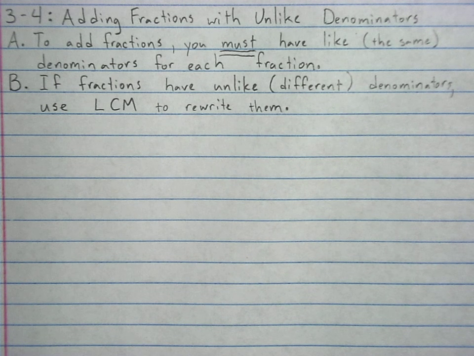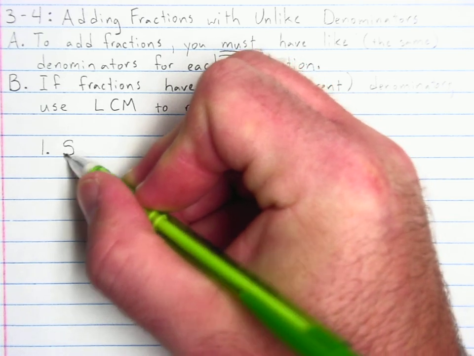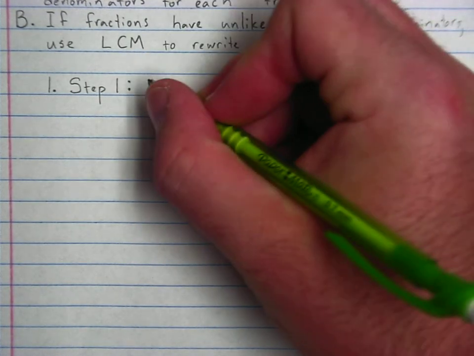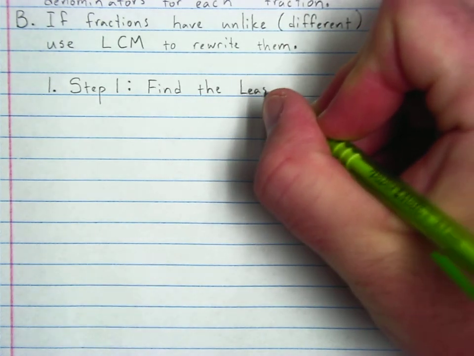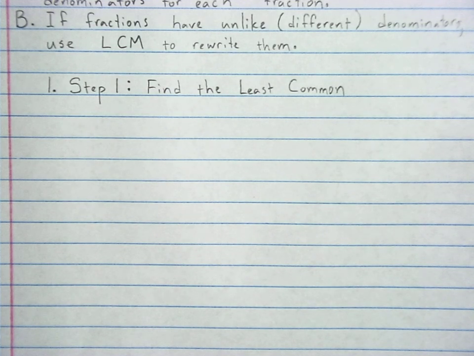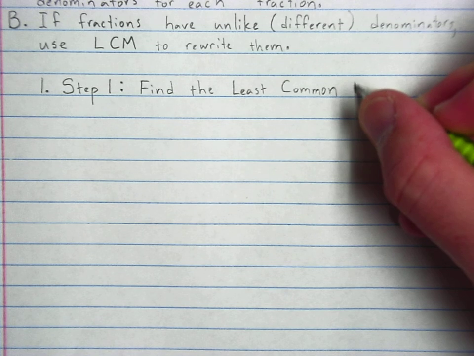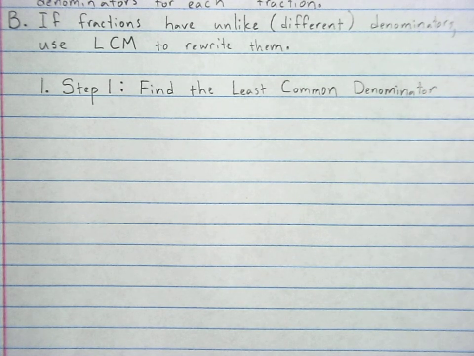Okay. So let's take a look. Step 1, let's see how this is going to work. Well, step 1 is just find the least common. Now, we're going to find a least common multiple. That's what it says up here. However, I'm going to write it least common denominator. Basically, just trying to be a little more specific, okay?